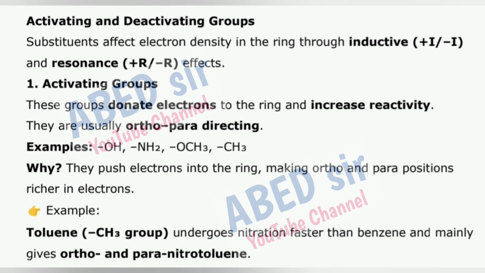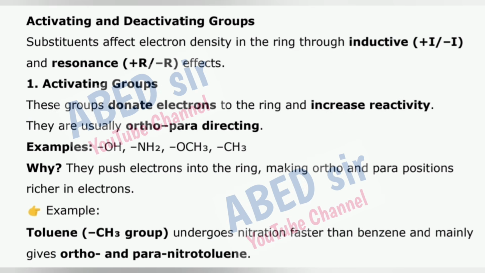Activating and deactivating groups. Substituents affect electron density in the ring through inductive, plus I or minus I, and resonance, plus R or minus R, effects. 1. Activating groups. These groups donate electrons to the ring and increase reactivity. They are usually ortho-para-directing.